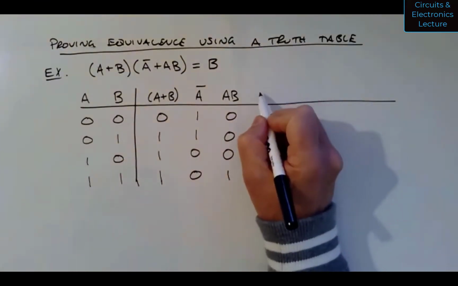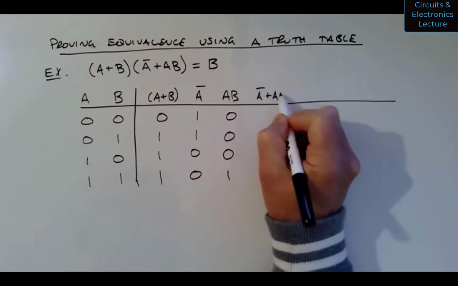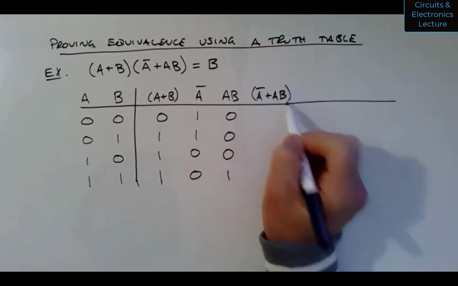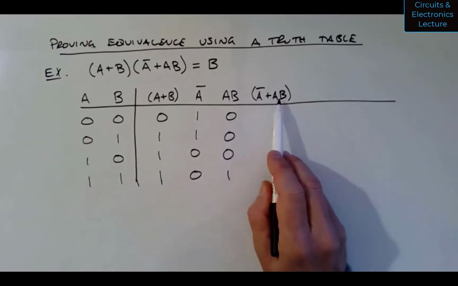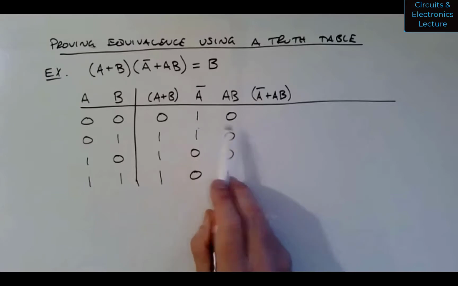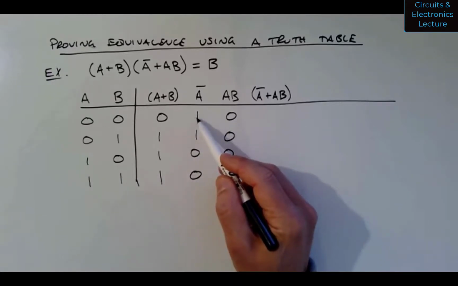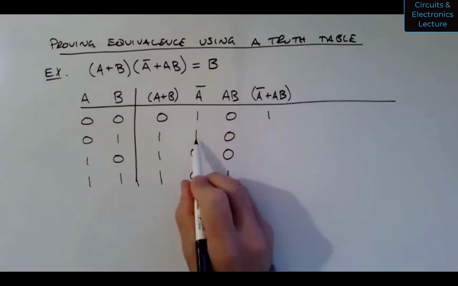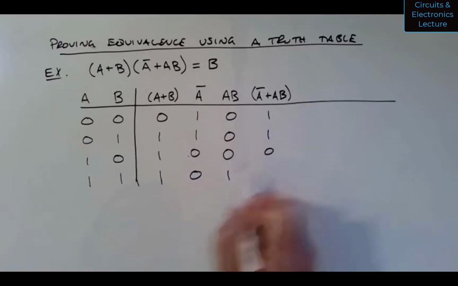So I want to evaluate A inverse ORed with AB. Now the inputs are these intermediate terms. So I'm looking at these two columns here. Let's OR this value, A inverse, with this value, A and B. So that's going to be a 1, 1, 0, 1.